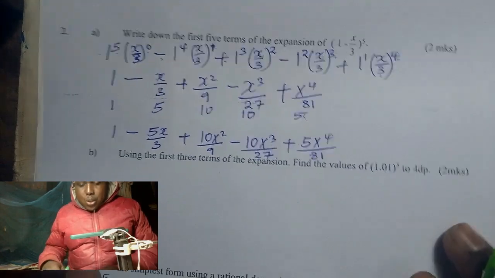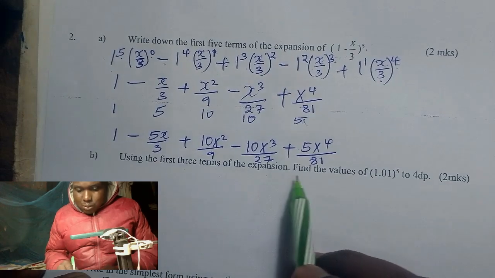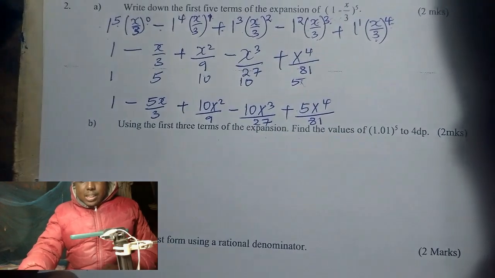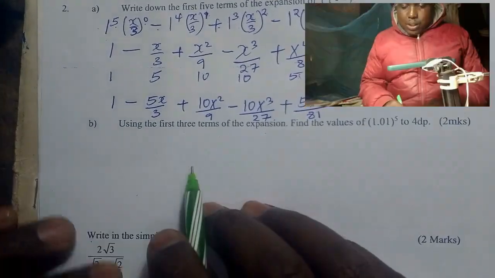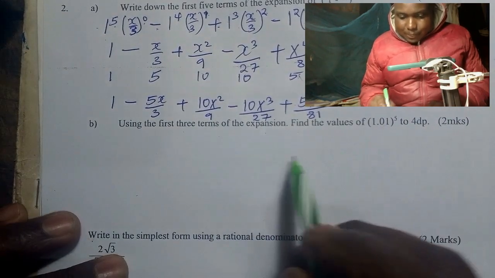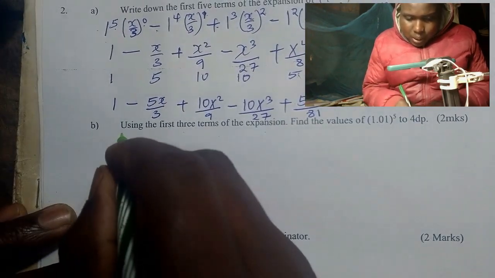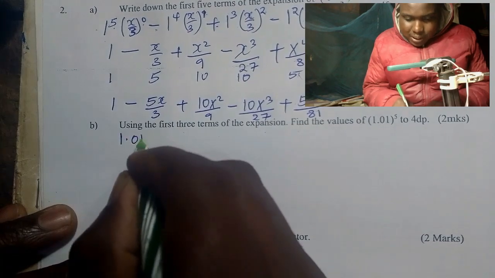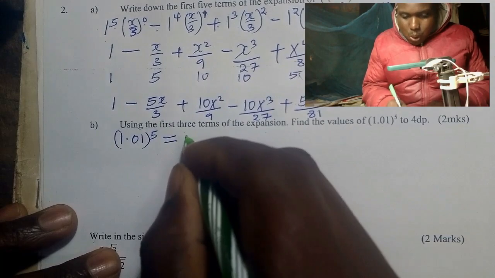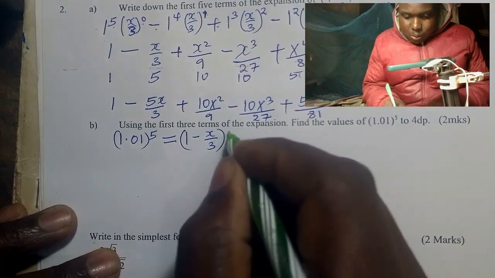Now use the expansion. Using the first 3 terms of the expansion, find the value of this. So we are going to use this expansion to solve this, but first we need to get to know what this means. It means that 1.01 raised to power 5 is equal to 1 minus x over 3 raised to power 5.